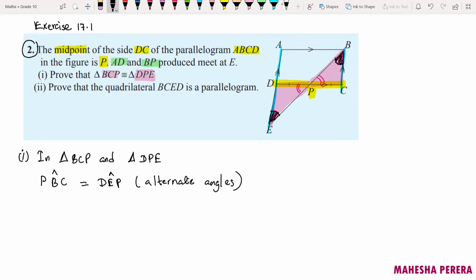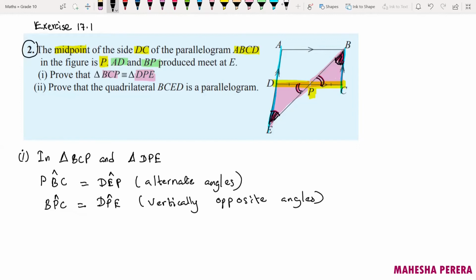And then the vertically opposite angles, this one and this one, right? Angle BPC equals angle DPE. And these are vertically opposite angles.